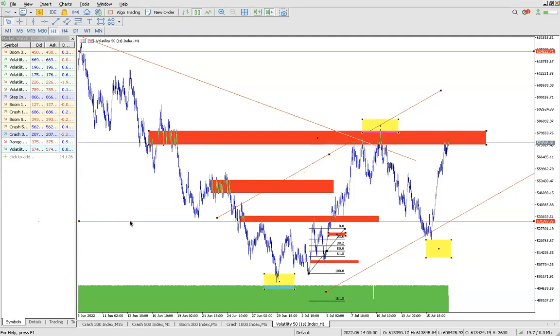Say we are getting spikes on crash and boom, but we already missed an entry, say on support and resistance. How best can we identify an entry point in this event that we are consistently getting 2 to 3 candles before a spike?